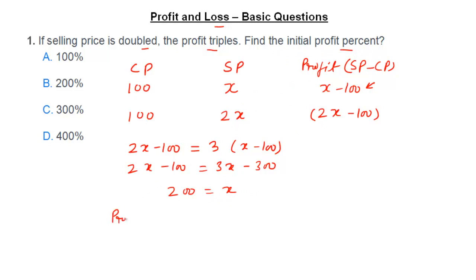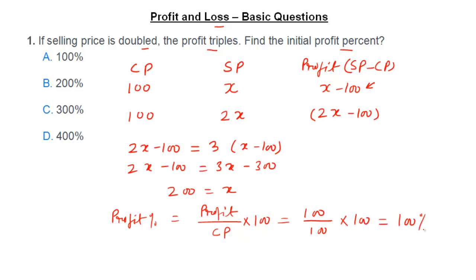Profit percent is profit divided by cost price, multiplied by 100. The profit is 200 minus 100, that is 100, and CP is 100 as we assumed. So divide by 100, multiplied by 100, that is 100%. So the profit percent is 100%. Option A is correct.